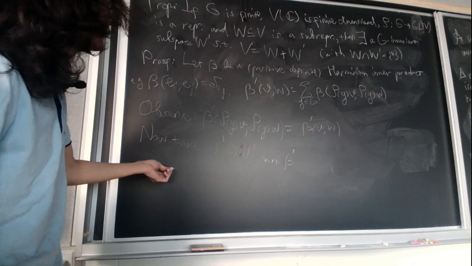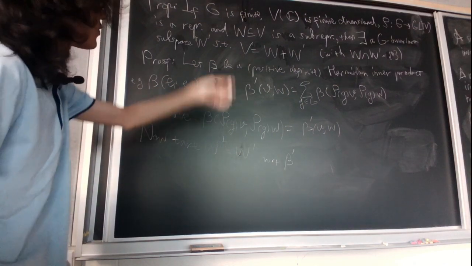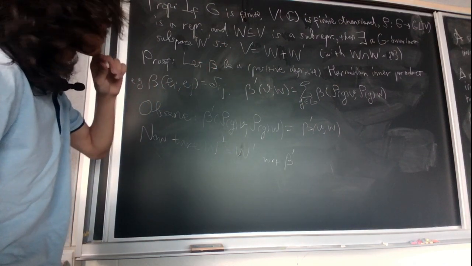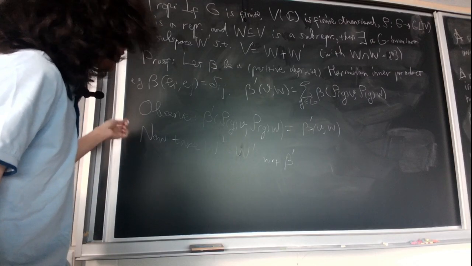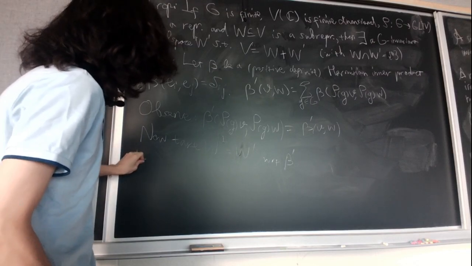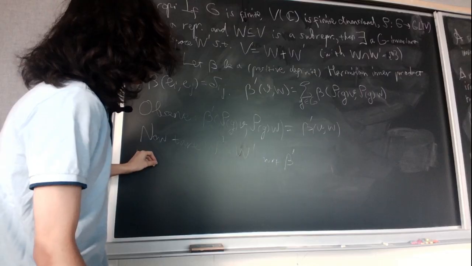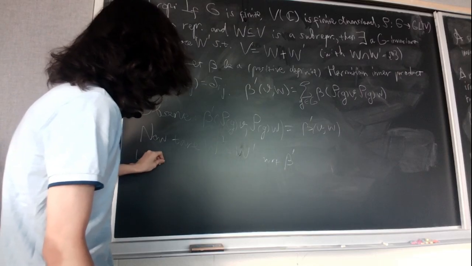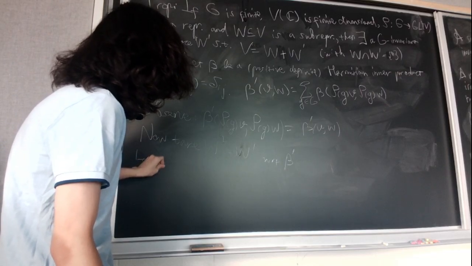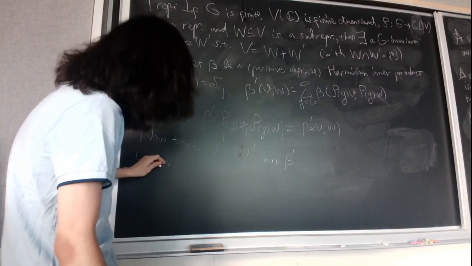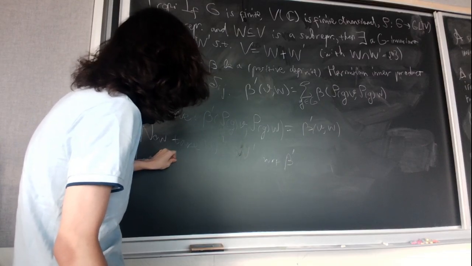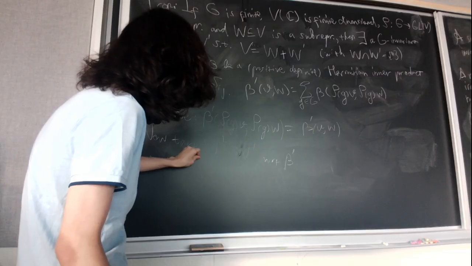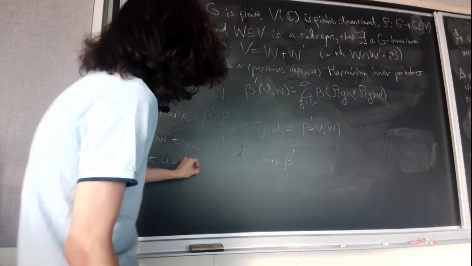Why does this work? Why is this a direct sum? So let's say we have u belonging to the orthogonal complement. What does this mean?